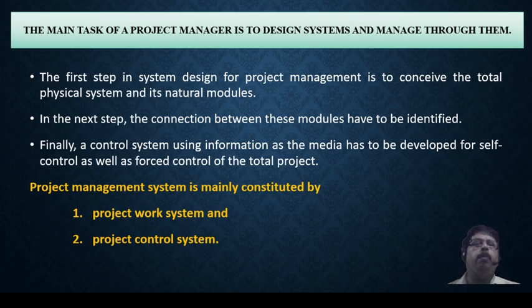So it is very important to connect the physical systems or natural models in a way it is executed. And finally, the control system, using information as a medium, has to be developed for self-control as well as forced control of a total project. This is the controlling system we have to learn. About these things we will be discussing in the future.